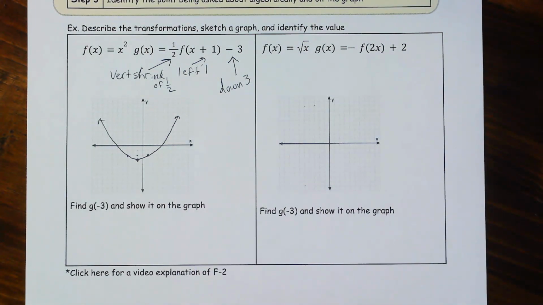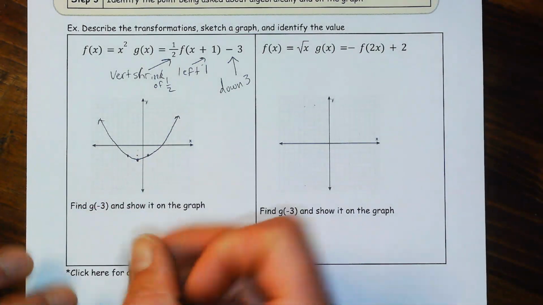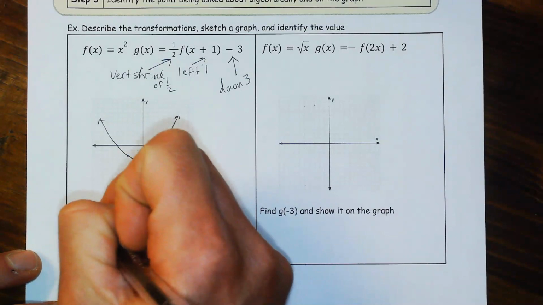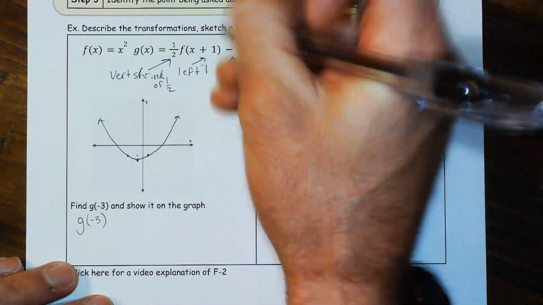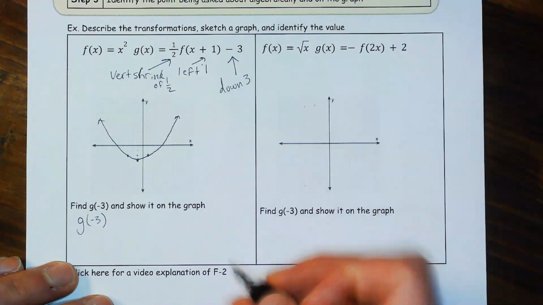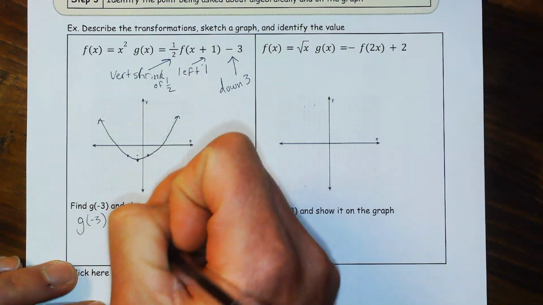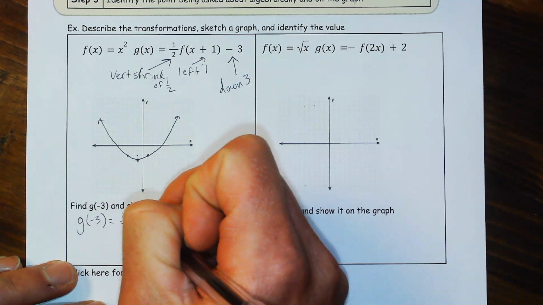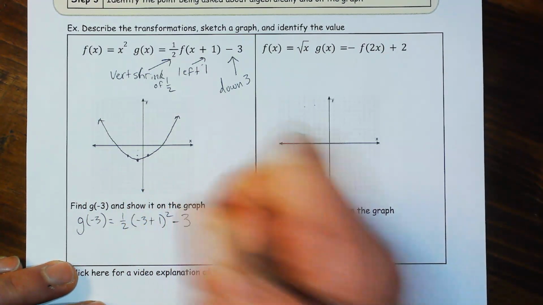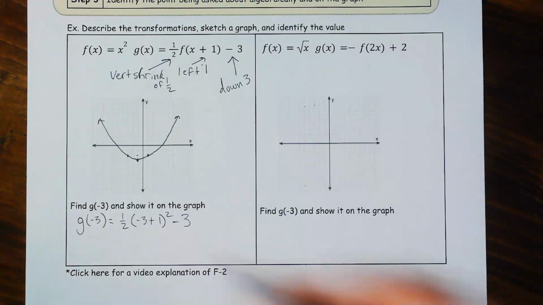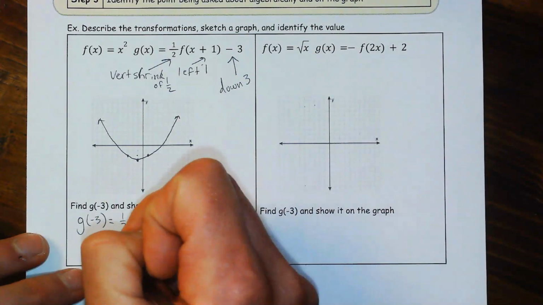Now, finding g of -3 on the graph. G of -3, if I replace my f here with the value of f, which would be putting a square right there, that would be 1/2 times -3 plus 1 squared minus 3. So this is just me combining those two.